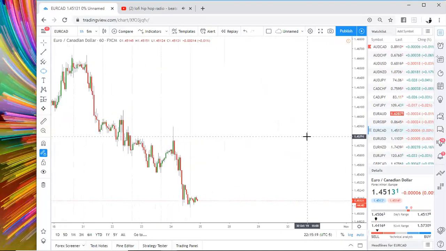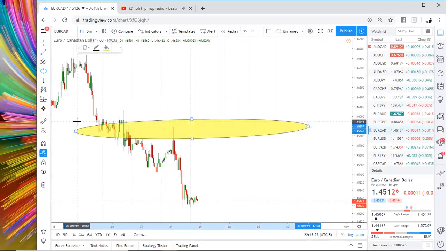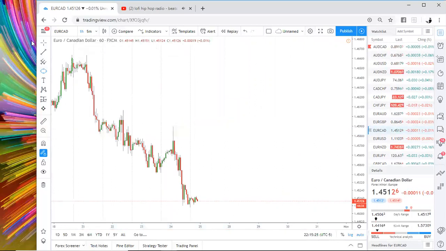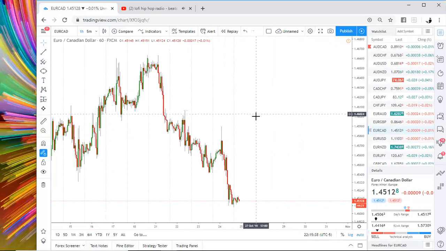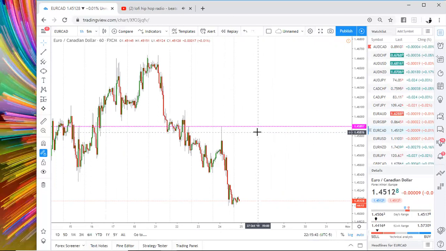EuroCAD. This one's tricky. There's so much choppiness right in here. So it wasn't really that clear. So for this, I'd really play it conservative. And again, this is going to be one of those longer term trades.